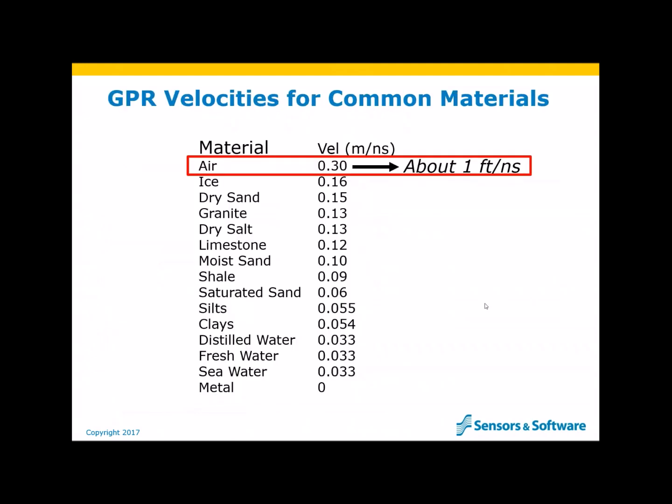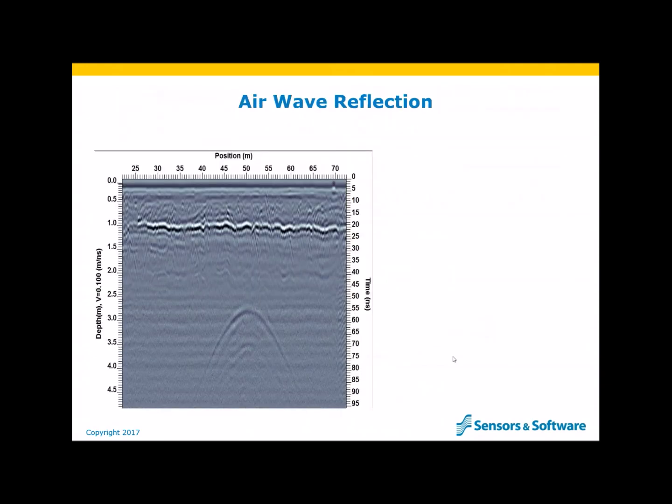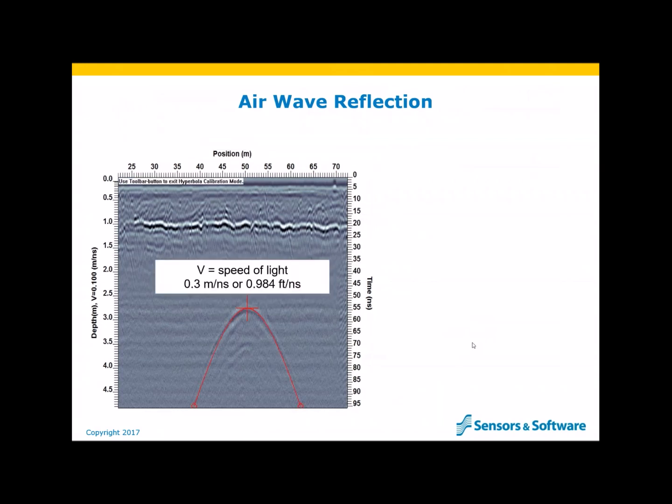If we look at the table of velocities, we see that 0.3 meters per nanosecond, or 1 foot per nanosecond, is the velocity of air. So what's going on here? Over the years, I've had people say, if the velocity of the hyperbola is the speed of air, the hyperbola must be from an underground cavity, tunnel, or void.